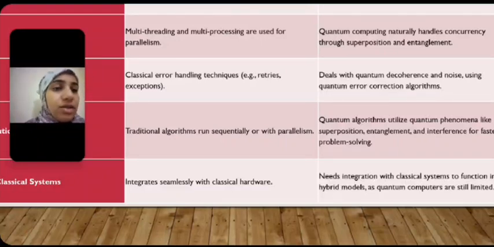Also, the last thing in this comparison: the classical integrates seamlessly with classical hardware, but quantum needs integration with classical systems to function, as hybrid models, because quantum computers are still limited. Their physical state is not stable, like zero and one at the same time, and you can't tell whether it's zero or one. It changes faster.